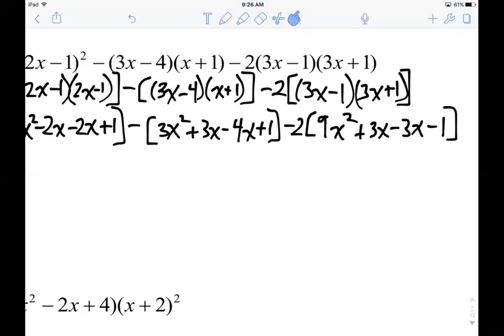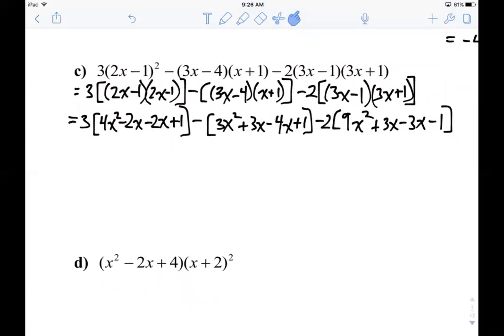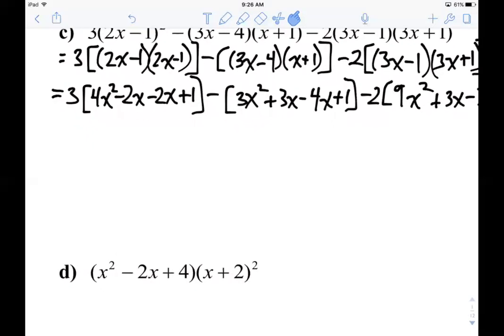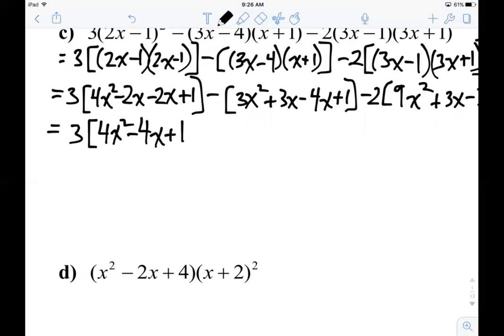So before I do any multiplying by anything in front of my brackets, I can simplify some stuff inside of each bracket. So let's write this a little bit simpler now. So this would be like 3 times something like this in a more simplified form.